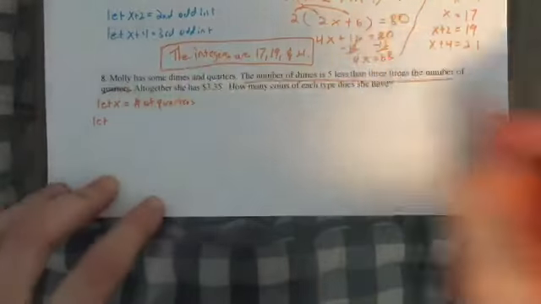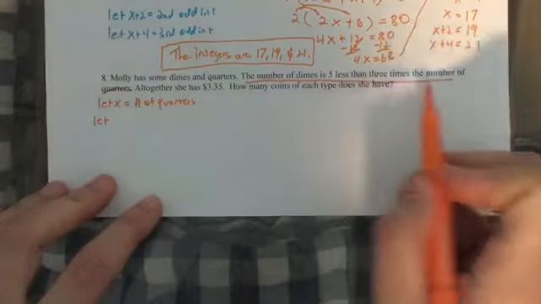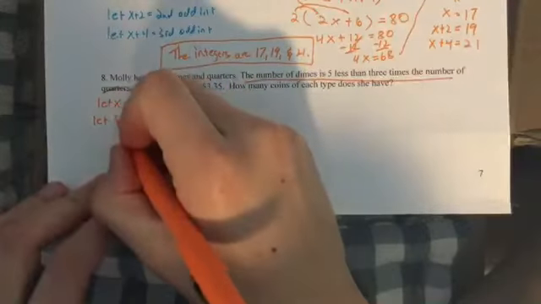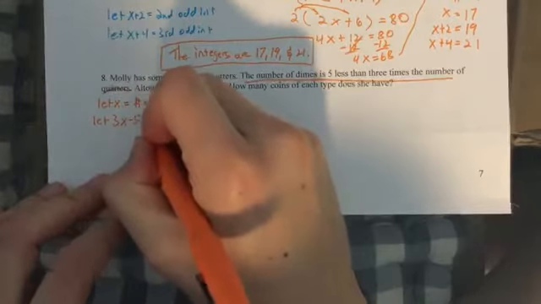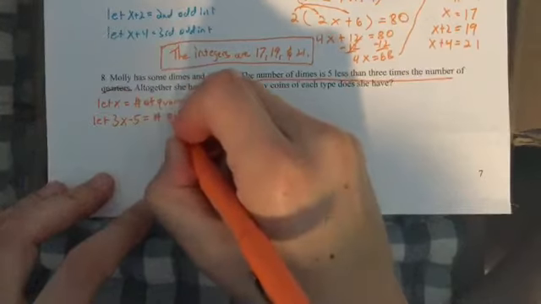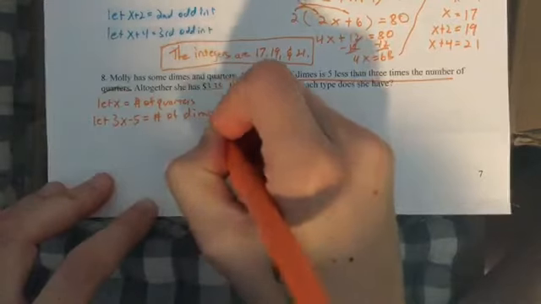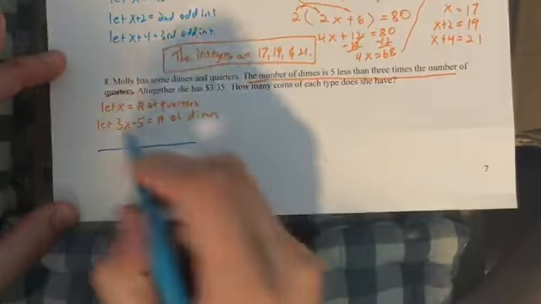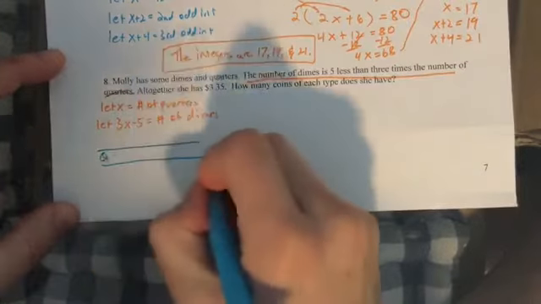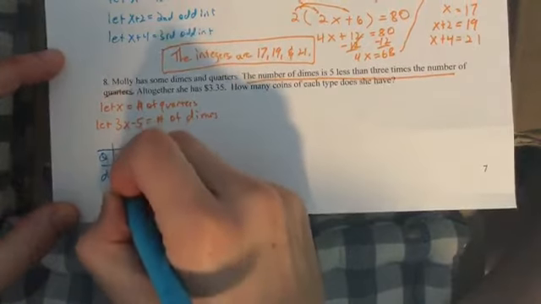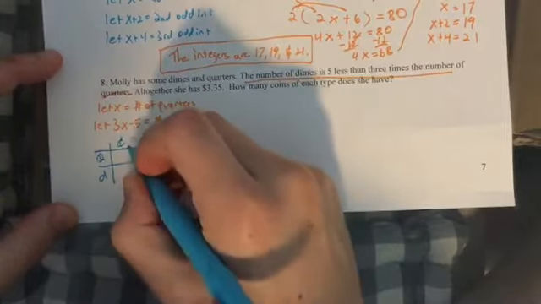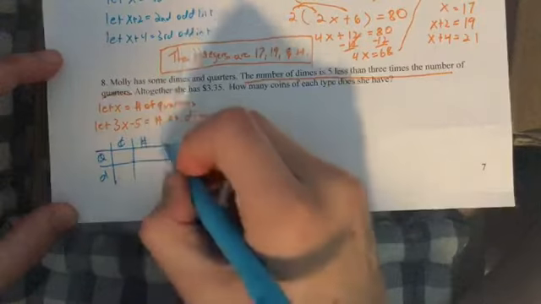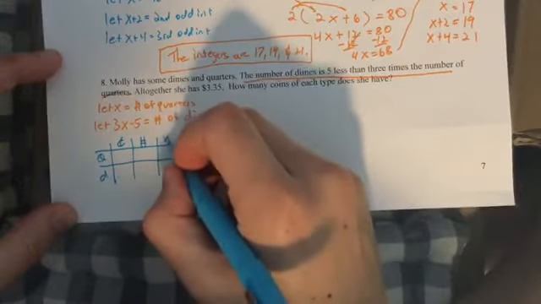Okay, then that sentence describes dimes. 5 less than 3 times the number of quarters. That'll be 3x minus 5. There's our number of dimes. Now, if you remember, what we did in this unit was we made a chart. For quarters and dimes, we did our cents, our number, and then the value.